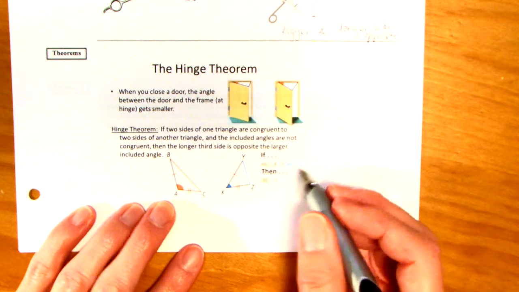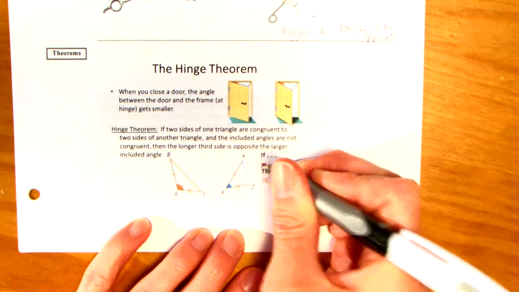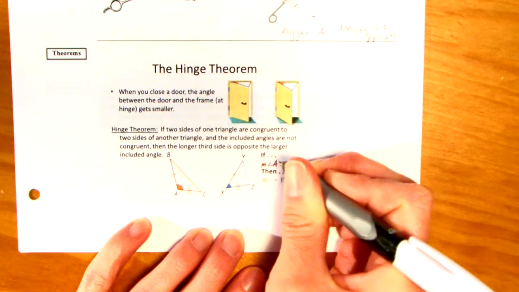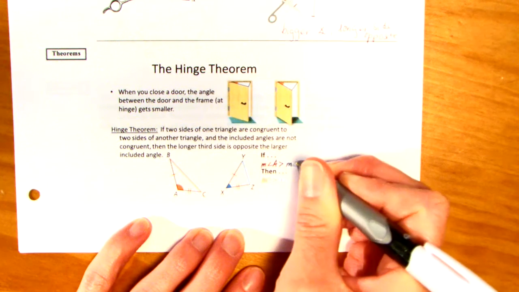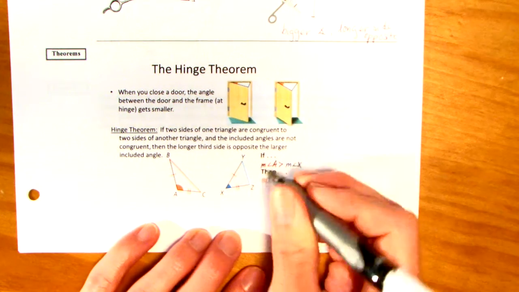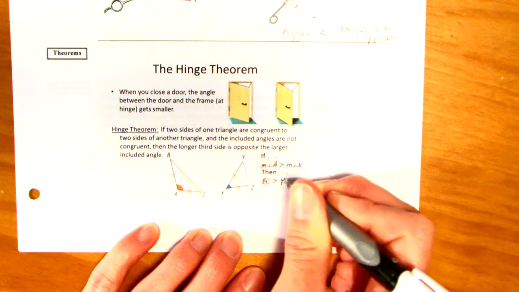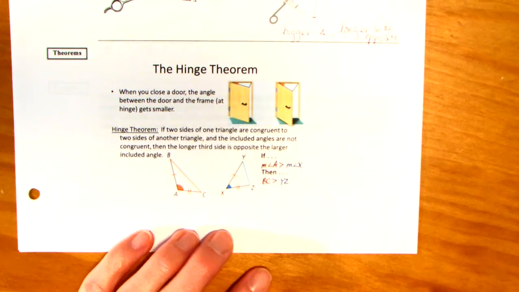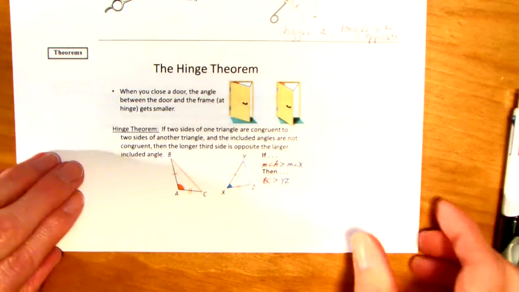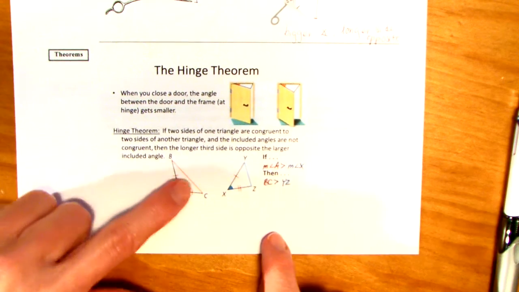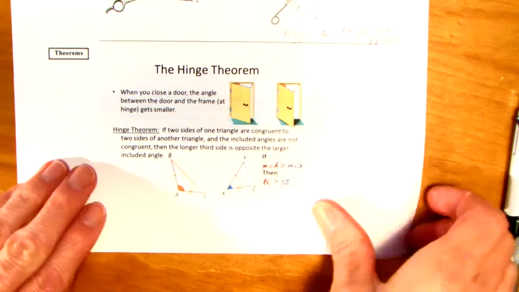This is kind of hard to see, so I'm going to write it out. If the measure of angle A is greater than the measure of angle X, then BC is greater than YZ. Hopefully that makes sense. Bigger angle, bigger side opposite. Small angle, smaller side opposite.